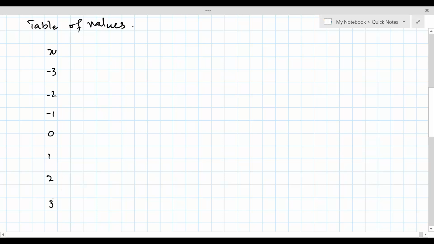These are the values of x we have assumed. Against these values of x, we will find the values of f of x, which is equal to x square. We will also find values of g of x, which is equal to x square plus 1, and we will find values of h of x, which is equal to x square minus 2.